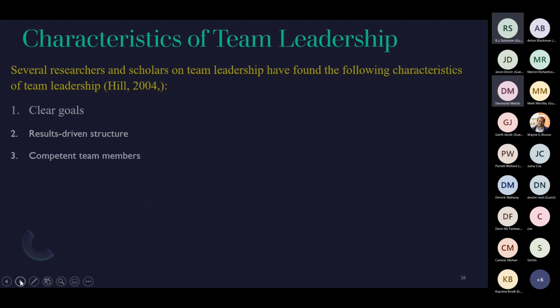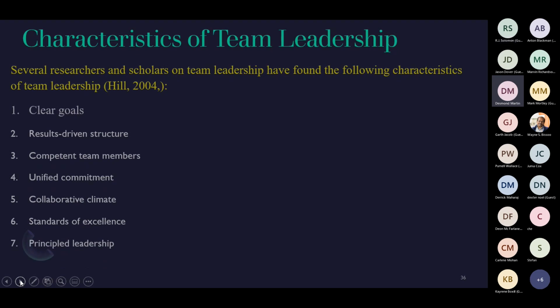Three, competent team members. Four, unified commitment. Five, collaborative climate. Six, standards of excellence. Seven, principled leadership. And eight, external support.